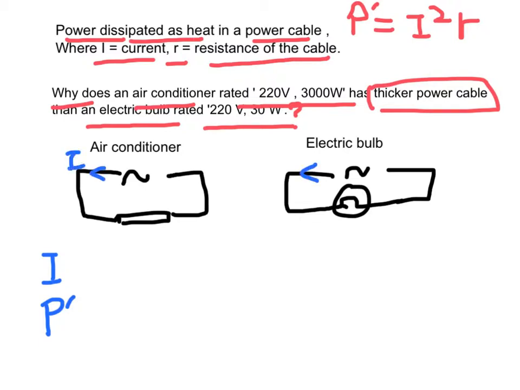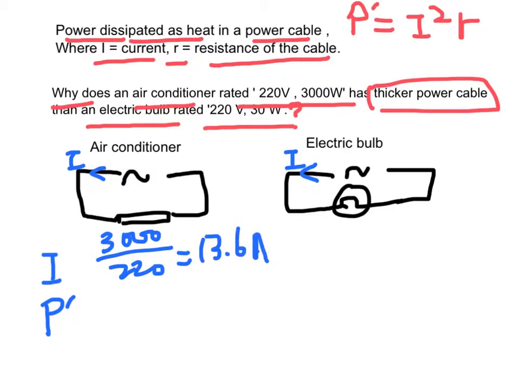The current in the air conditioner and in the electric bulb are respectively I equal to 3000 over 220, which is 13.6 amp, and 30 over 220, which is 0.136 amp.